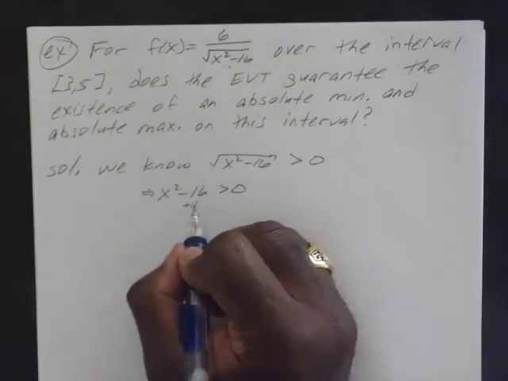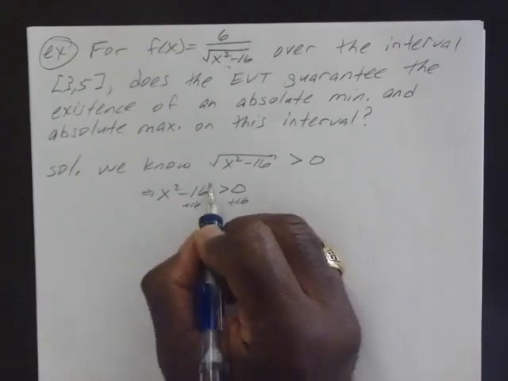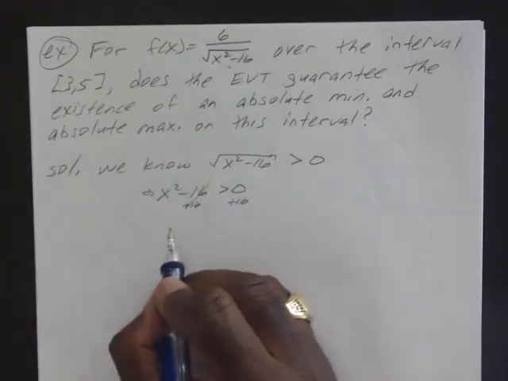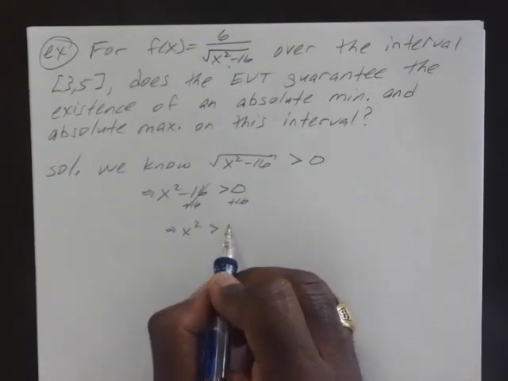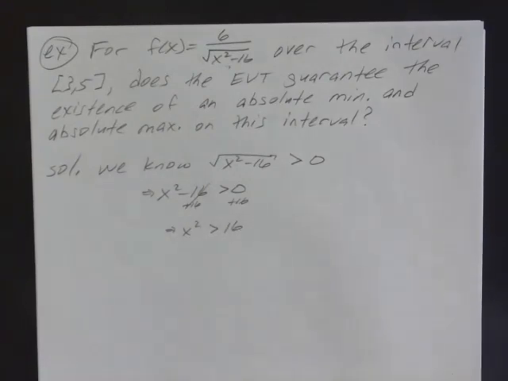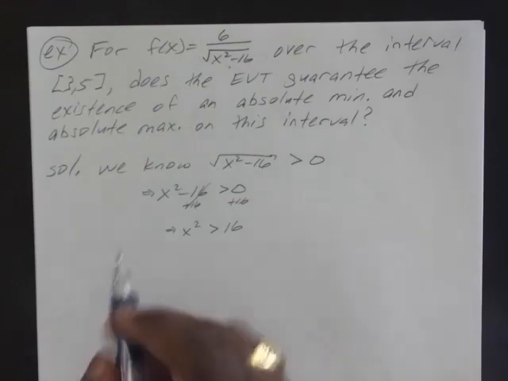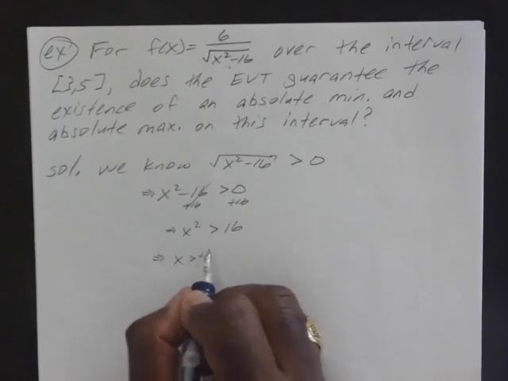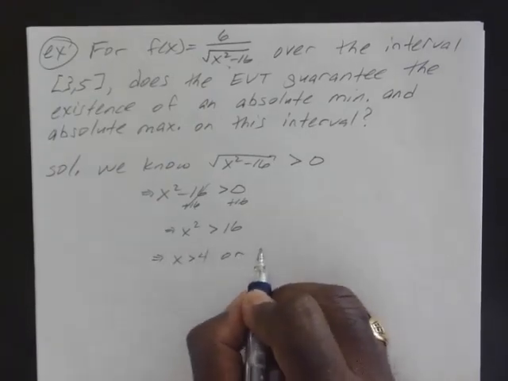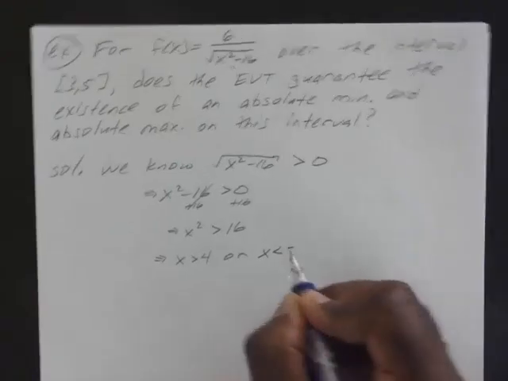So if we add 16 to both sides, those two cancel each other out. We know that x squared has to be greater than 16. So x has to be greater than 4, or x has to be less than negative 4.